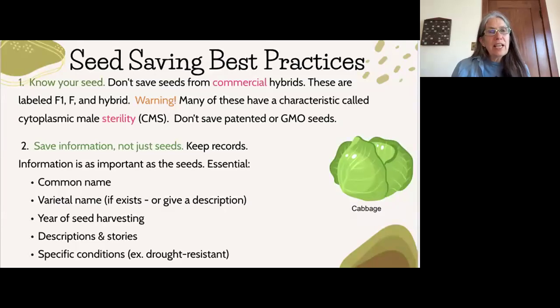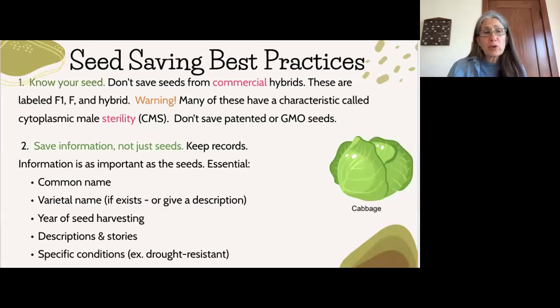And then when you're saving seeds, don't just save the seeds, but save the information. There is some minimum information that you want: for example, common name, varietal name if it exists, or at least a description, and the year that you saved the seeds. Seeds are living things and they have a lifespan. So you want to know, if I planted this, is it because it's really old seed and it didn't work, or is it maybe a user error, that I didn't water it well enough, or there were some bugs or something got to it?